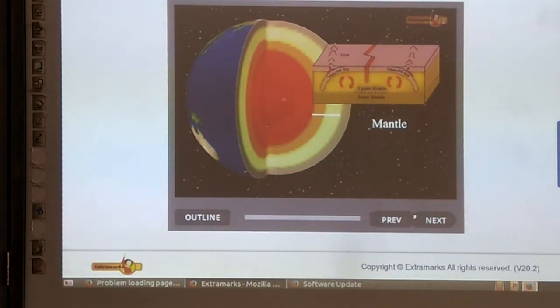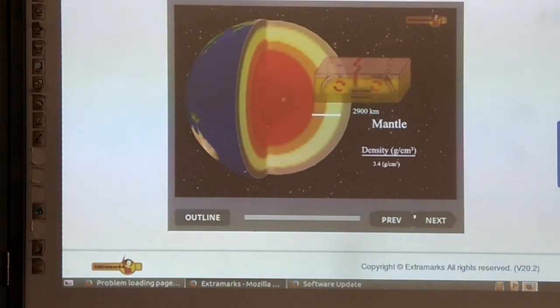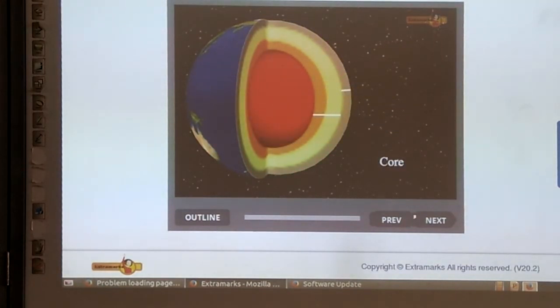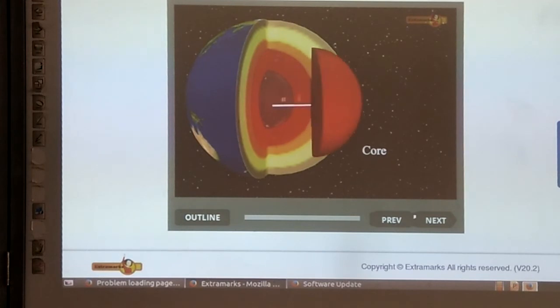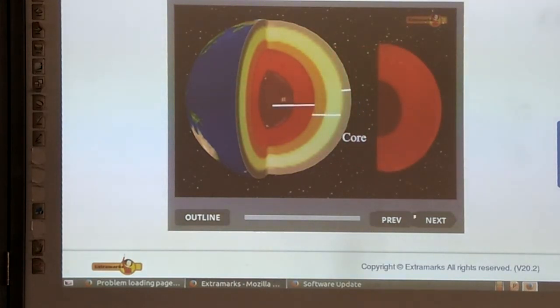The mantle is a highly viscous layer present between the crust and the outer core. The mantle is relatively flexible, so it flows instead of fracturing. It extends down to about 2,900 kilometers below the surface. The density of the mantle is 3.4 grams per cubic centimeter. The core is divided into 2 layers, the inner core and the outer core.